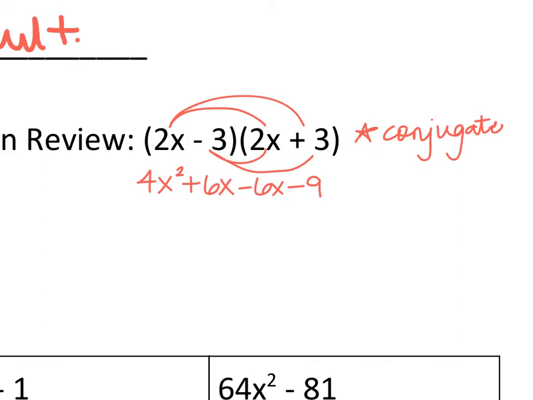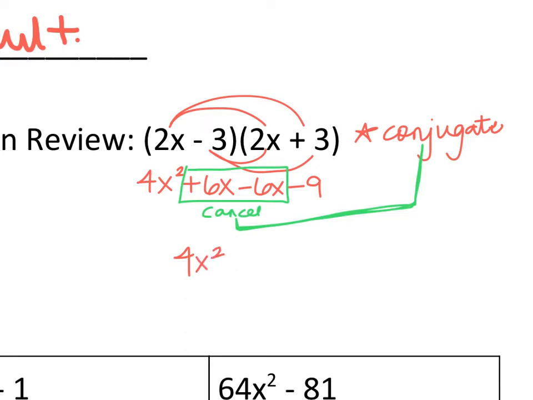What I want to show you is that this middle, where you usually combine like terms, is going to end up canceling itself out. One thing you should always note is that conjugates always cancel. That's what makes them conjugates: they are opposites, and when you multiply, they will cancel. So the final answer I'm going to get here is 4x squared minus 9.